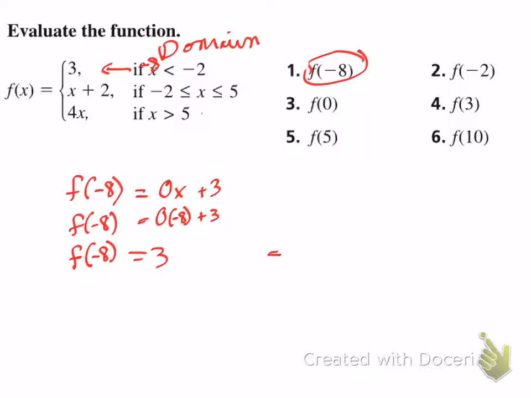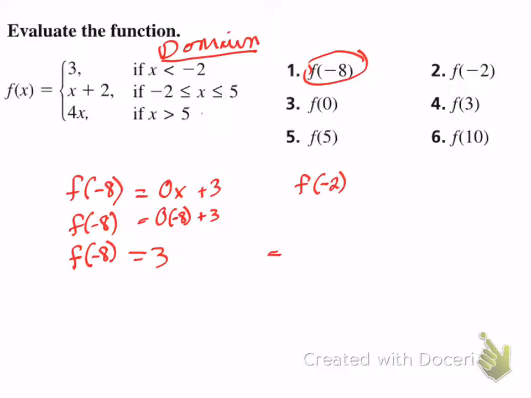Okay, let's try one more. What about the f of negative 2? What domain does it go with, Camille? Is it the x plus 2? I want the domain. I want you to read it by the domain.